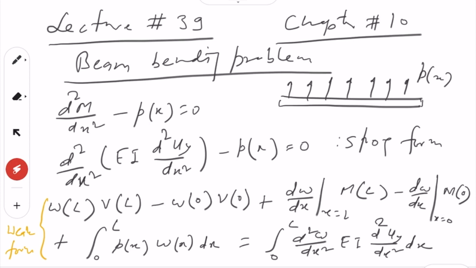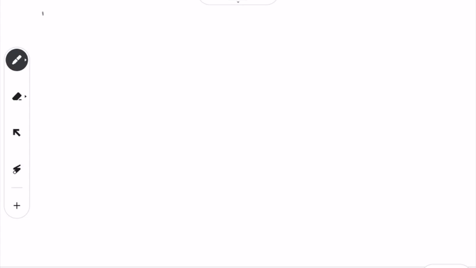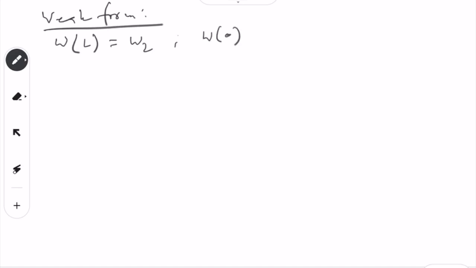So we can write w at L as, so let's write that. Yeah. So in the weak formulation, we look at the values. So we have w at L, we are calling it w2, w at 0 we are calling it w1, right.